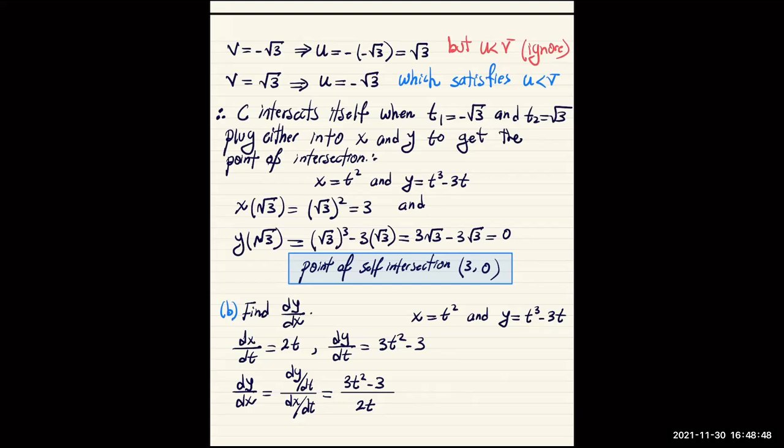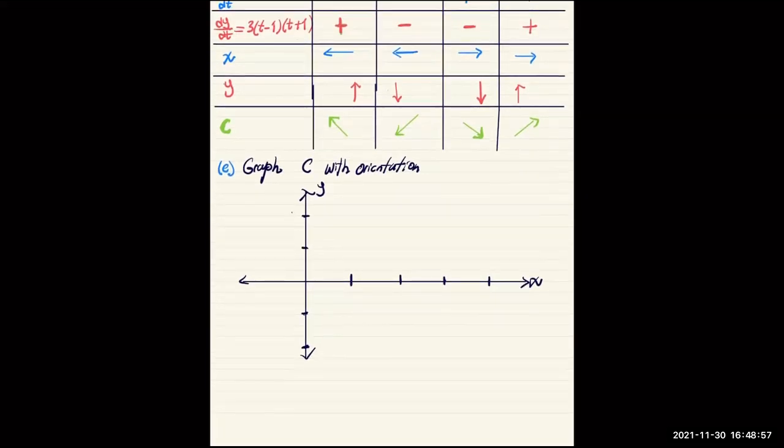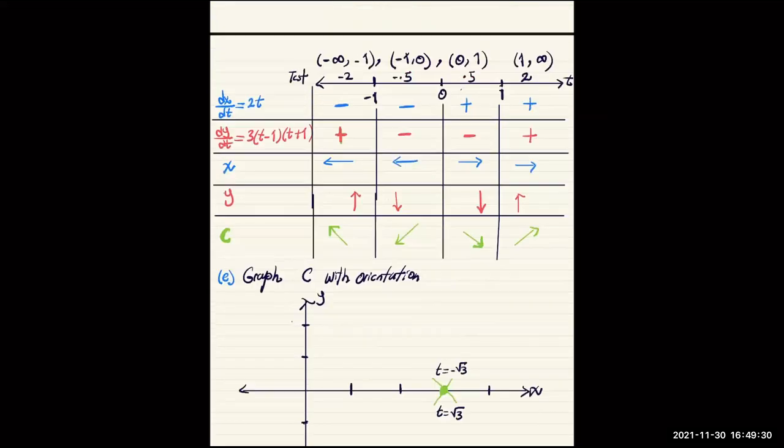We've already done the orientation analysis, but this is even more help. So 3, 0 is right here. This is where the curve is going to intersect itself. You can draw an X right there, meaning it's going to intersect. I'm just going to label my t values here. This is corresponding to t of -√3 as well as t of √3. Okay, so that's part A information.